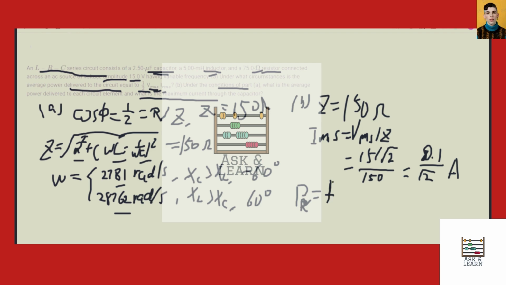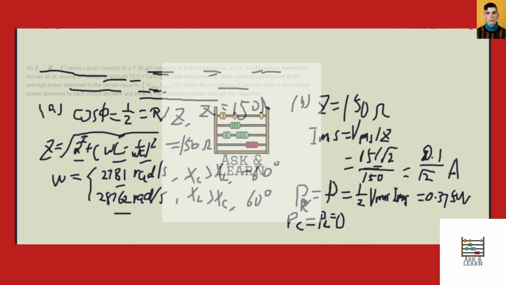So this is just equal to P, which is simply half VRMS times IRMS. If you plug in the value for VRMS, which is 15 over square root 2, you'll see the final result is 0.375 watts. And of course, PC equals PL equals 0, because they do not consume power.